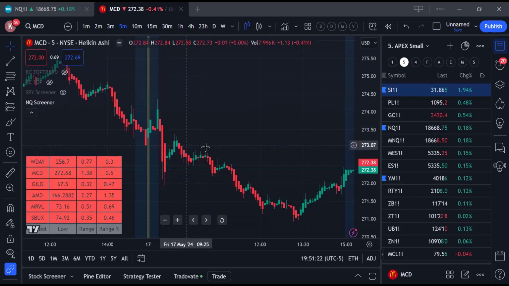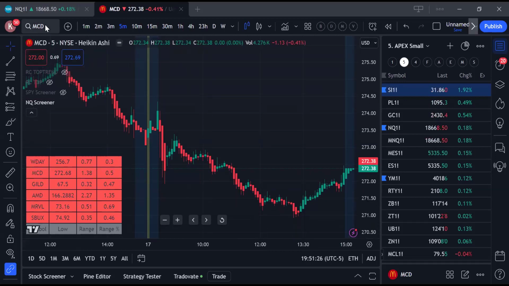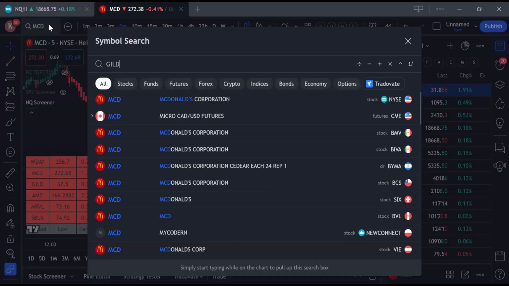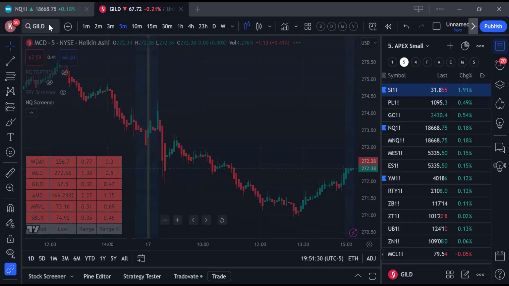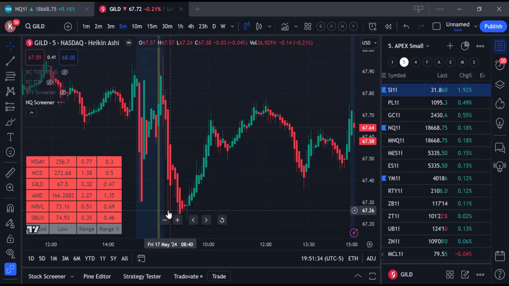MACD came down, went a little bit up, but yeah, it did not move so much. GILD, around 8:30, it came all the way down. Again, it went all the way up. Again, went all the way up.